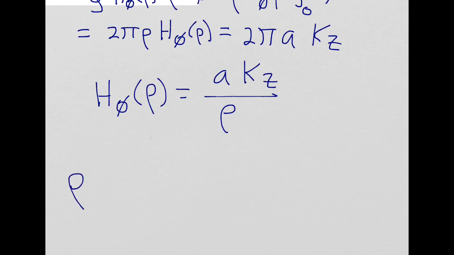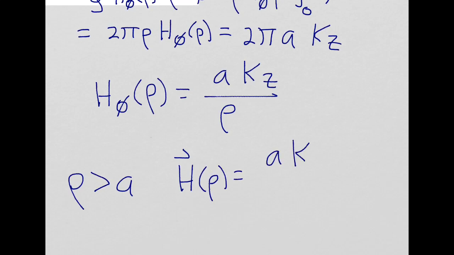Okay, so for rho greater than A, the magnetic field intensity is A times the sheet current density over rho, and it's in the phi direction.